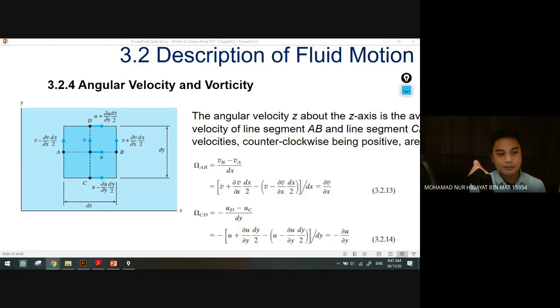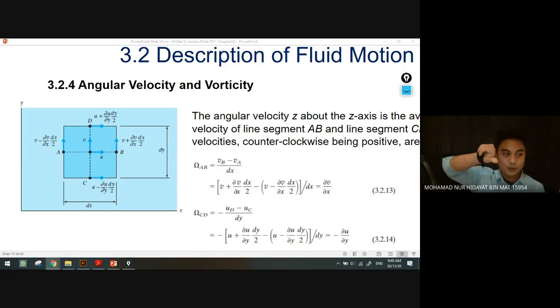Remember, we learned about the moment earlier. Upward is positive. However, how about C to D? C, from the bottom going to the top. Where is your thumb? Facing upward or downward? Please answer the question. I want to see whether you understand or not. Arif says downwards, I believe. Anyone say upward?